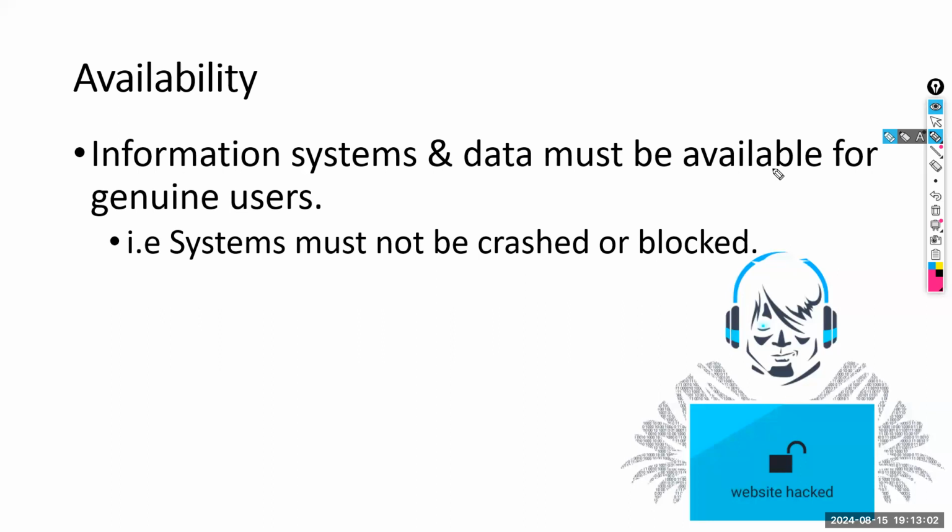The system is not available. Hacked. I think it happened 3 or 4 times. Of course, every time they somehow managed to make it up and running again after a few hours. That is availability. That is a very important aspect of security.